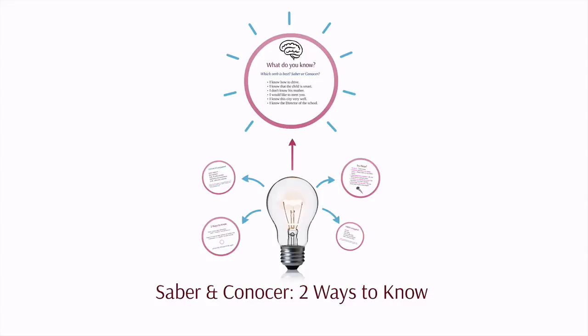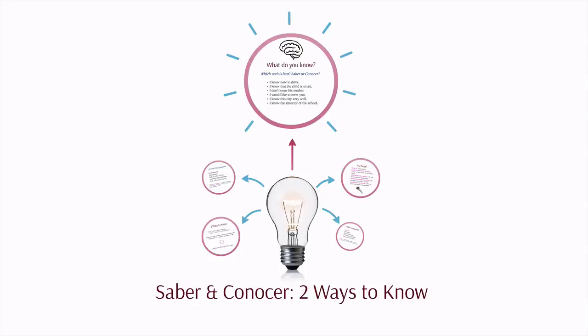But then there are the kinds that are split apart, like ser, estar, and haber, which all mean to be, but in different contexts. This is just like that. Saber and conocer. They are 2 ways to know. In English, we know somebody, we know how to do something, we know where our socks are, and we know the director of the school.